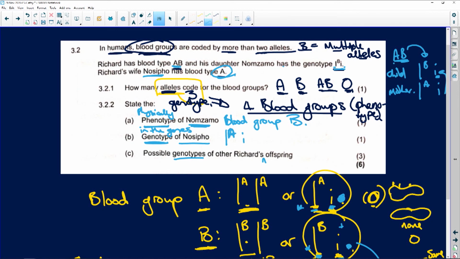And if it's AB and the mother is AI, what can the kids be? The children can be A, B. So we have the A from the mother and the B from the dad. Right, so you've literally got everything, and you've got AI, and those are your three. And there you go, boom.